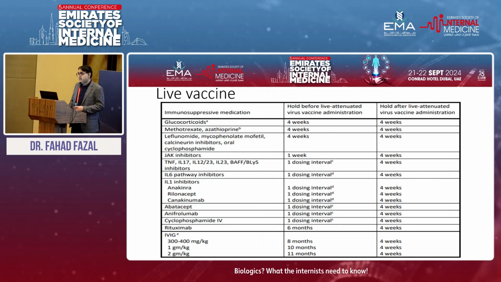After the vaccine, the time duration is 4 weeks for everything. So if somebody has taken a live vaccine, do not give them any biologic or conventional DMARDs for at least 4 weeks. And if somebody is already on it, when to stop it depends upon the half-life of the drug, and it's mentioned in this table here.